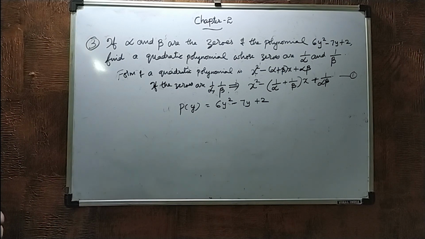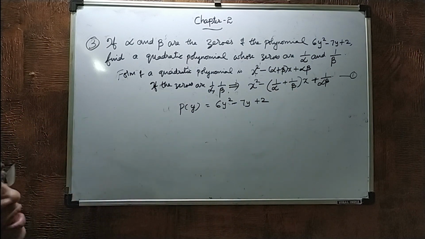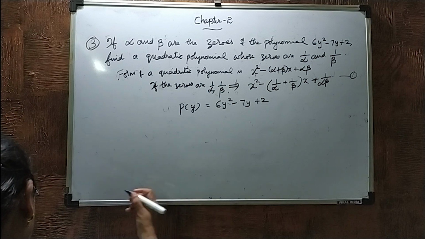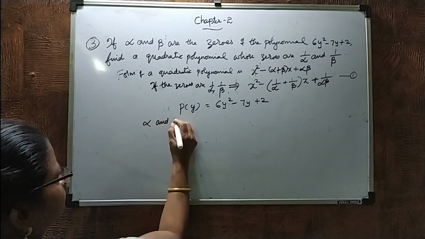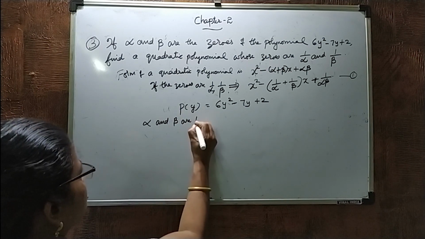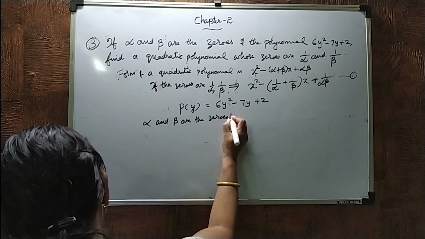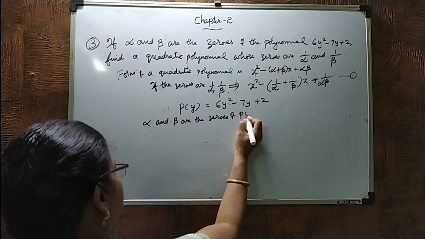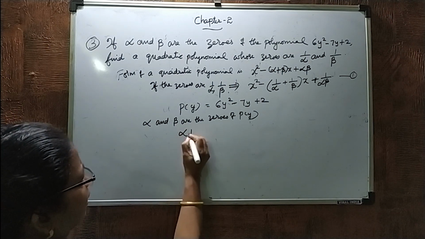Now find the sum of the zeros, because alpha and beta are there, and make it 1 by alpha plus 1 by beta. So when alpha and beta are the zeros of p of y, then what is alpha plus beta?